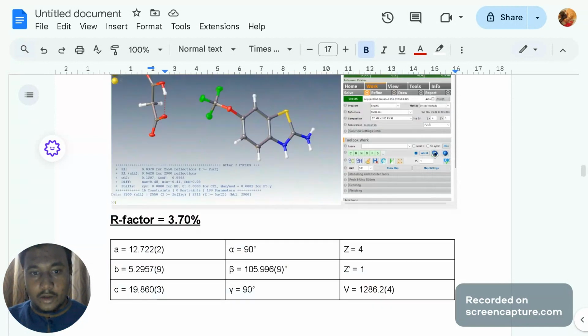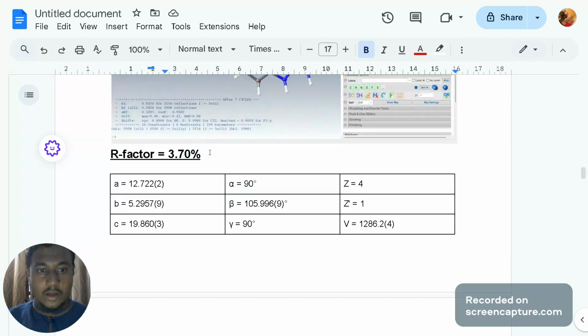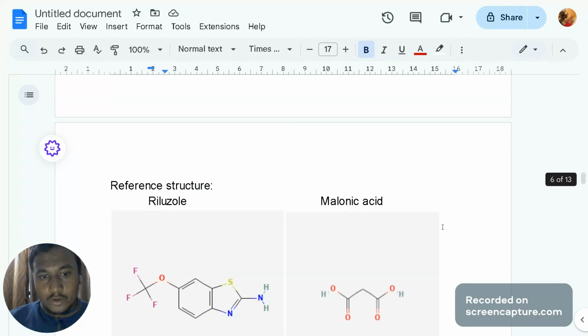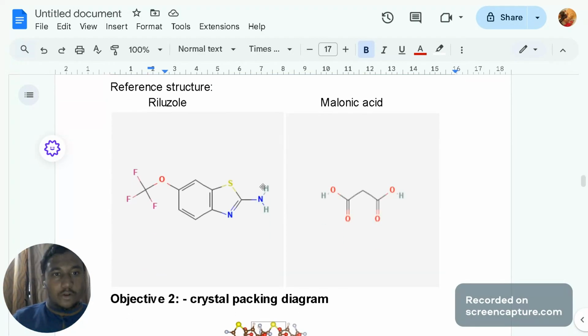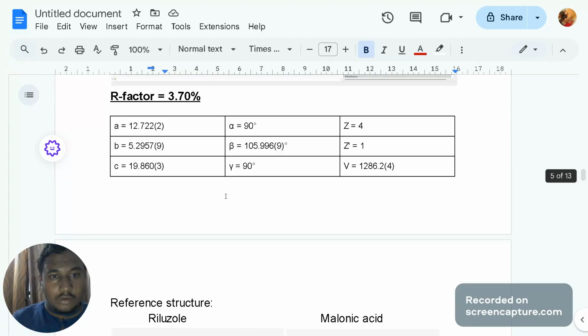The R factor I have obtained here is 3.70, and it shows alpha equals gamma but not equal to beta, meaning two angles are 90 degrees and one is not. The total volume of the lattice is 1286.2. The reference structure used here is of riluzole, and this also resembles the same.